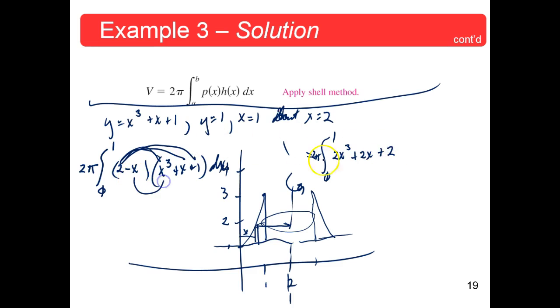Then you have a minus x to the 4th, right? Minus x squared. That's this one. And then a minus 1. I think no, minus x. I knew that didn't seem right.